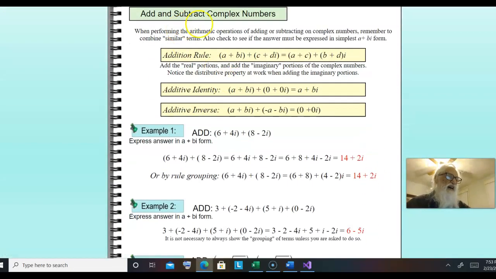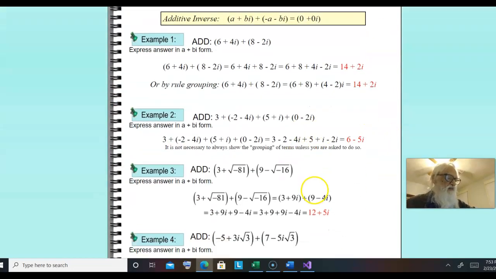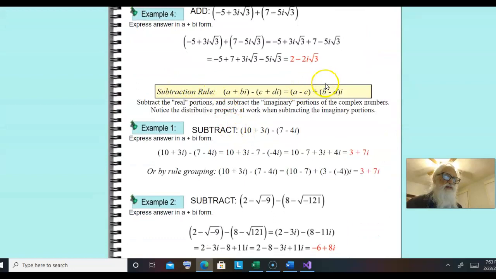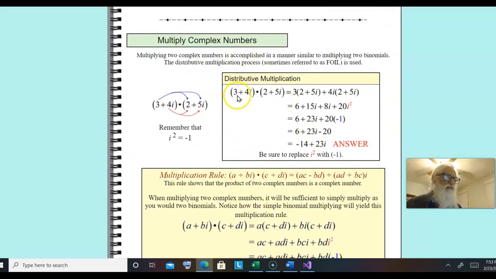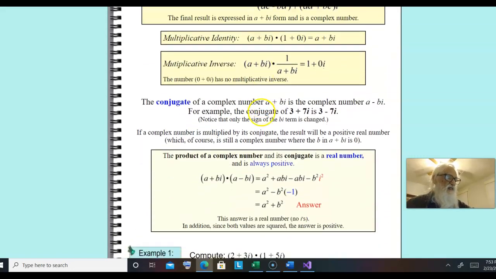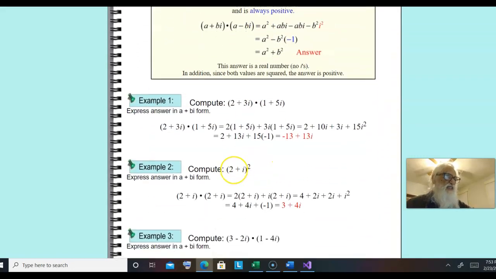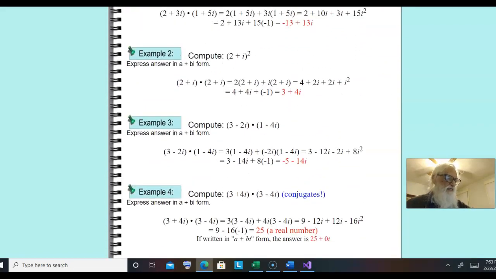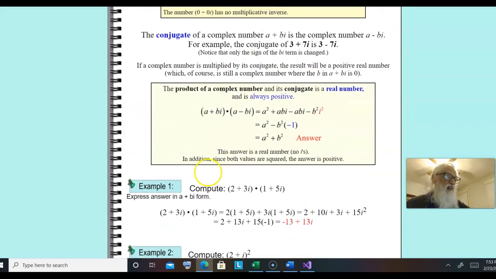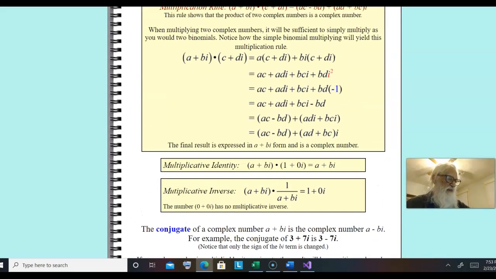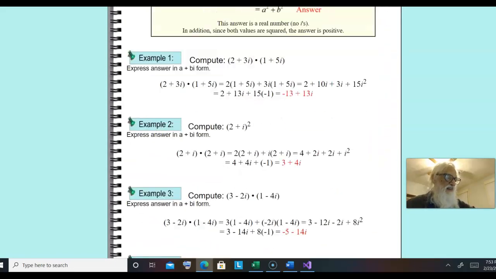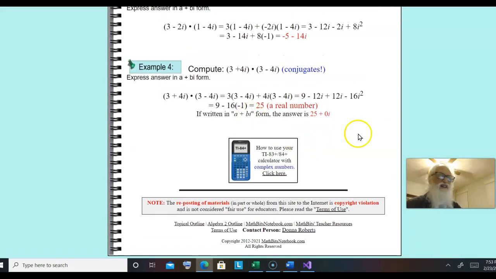So it shows you how to add. It shows you how to subtract. Multiply is more complicated. Division is even more complicated. In fact, they don't even bother putting it in. Well, I'll get that.